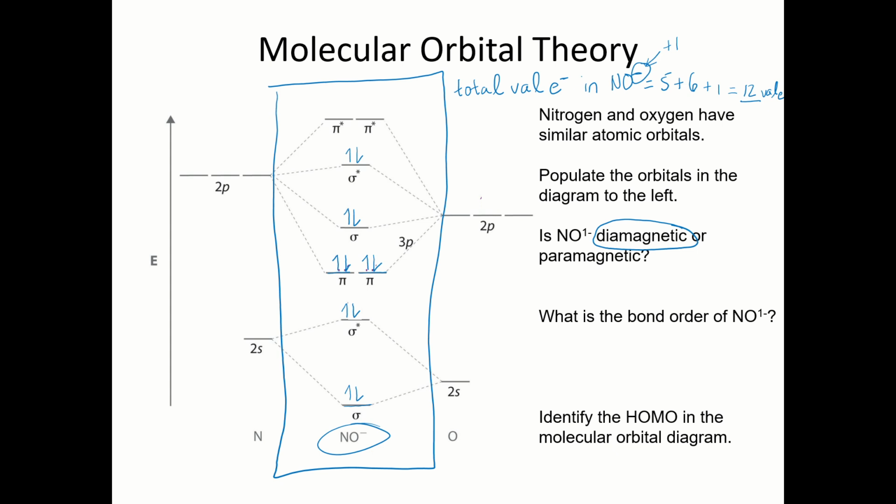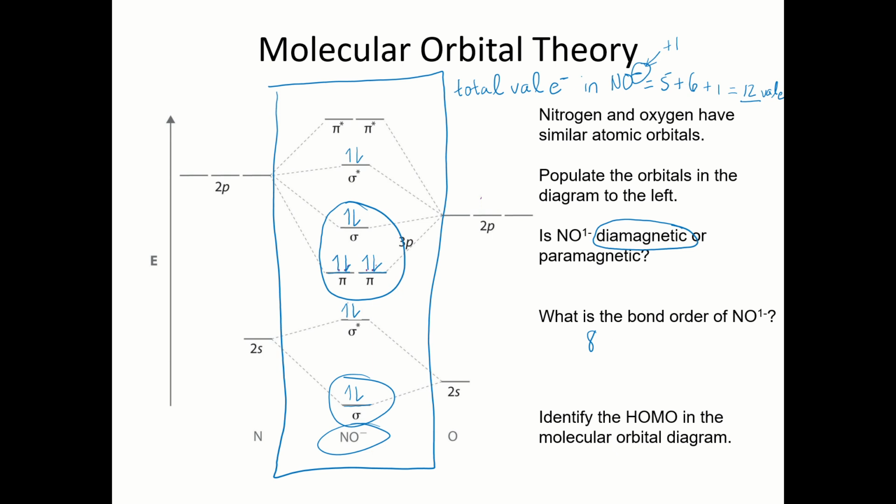What is the bond order? So again, to do the bond order, we have to find all of the bonding electrons. Those are going to be the molecular orbitals that do not have a star or an asterisk symbol. We've got 1 sigma bonding orbital here at the bottom, 2 pi bonding orbitals, and a second sigma bonding orbital up top, for a total of 8 bonding electrons.